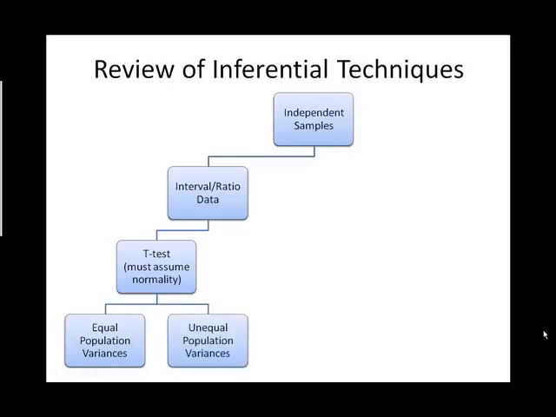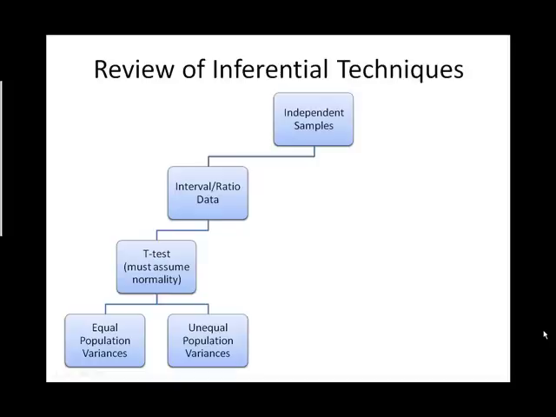Now, when looking at that confidence interval or hypothesis test, there were actually two different approaches to take. The first assumed that the populations from which we sampled had equal variances, and the second assumed that your population variances were unequal. To check this assumption, we could look at our sample standard deviations and verify that twice the smallest standard deviation is greater than the largest.